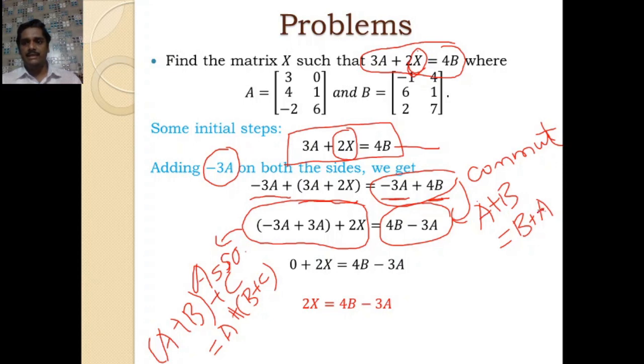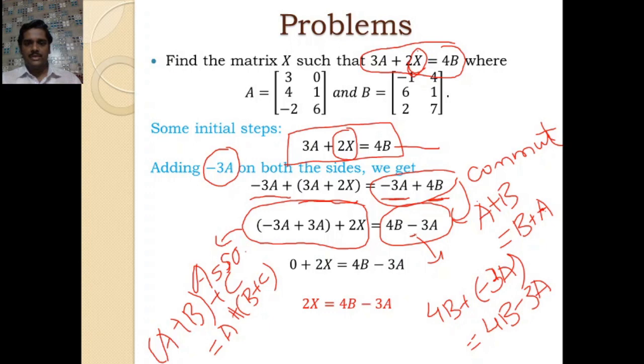How we add, that doesn't matter, if there is a matrix addition. So whether we add the first term with the second term or the second term with the first term doesn't matter. And you know 4b plus minus 3a is 4b minus 3a. So I have written directly over here minus of 3a.